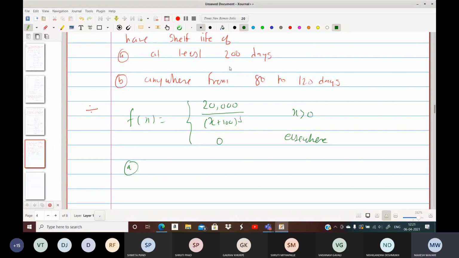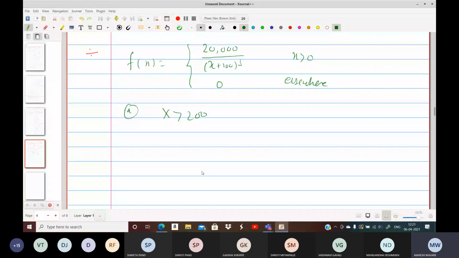At least means the minimum life should be 200 days. So you have to find the probability for x greater than 200, which is the probability that the bottle's shelf life is at least 200 days.